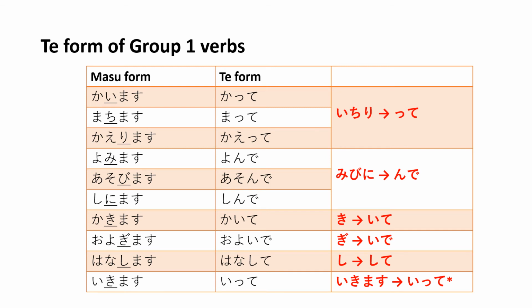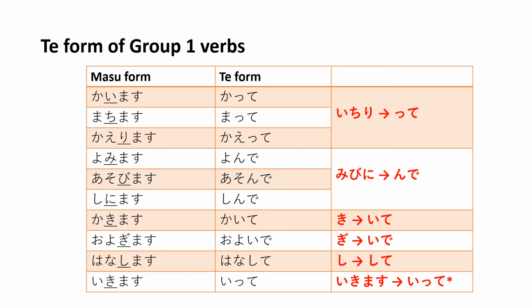This is the table of te form of group 1 verbs. 買います, te form is 買って. 待ちます, to wait, 待って, like 待ってください, please wait. それから帰ります, to go home, 帰ってください, please go home.